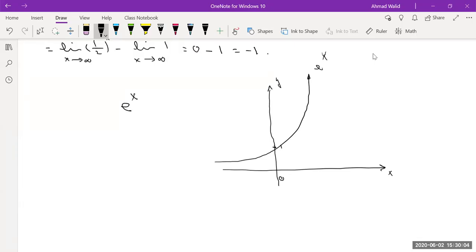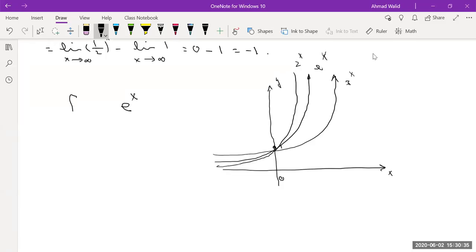This function e to the power of x is a function that's between 2 to the power of x and this function, 3 to the power of x. That's why the value of e is 2 point something, because it's between 2 to the power of x and 3 to the power of x, correct?